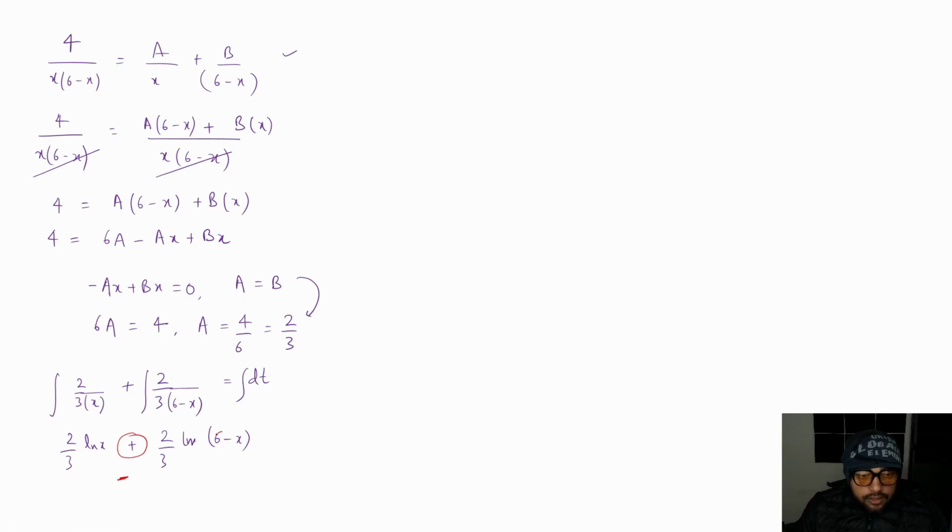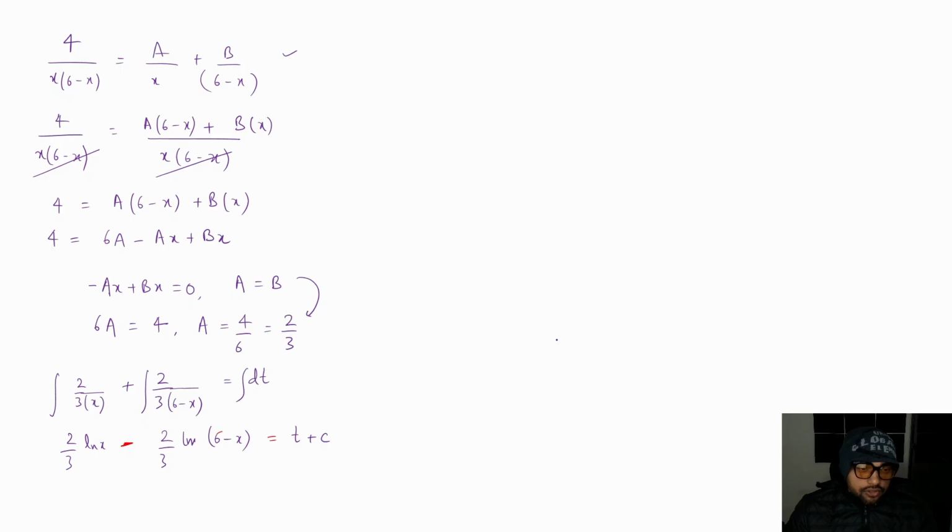Because the x in the argument of log 6 negative of x is with the negative sign, so the sign here will be negative. Okay, so I'll be making it negative, equals to t plus c. The integration of dt will be t, and c is the constant term which we add on using integration.